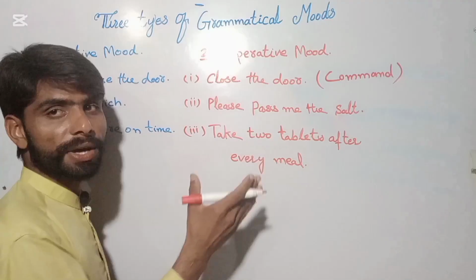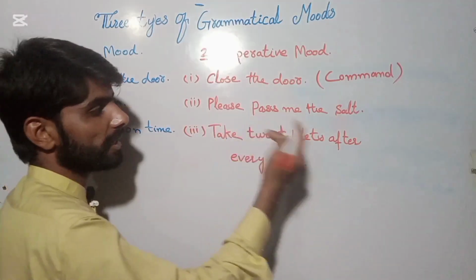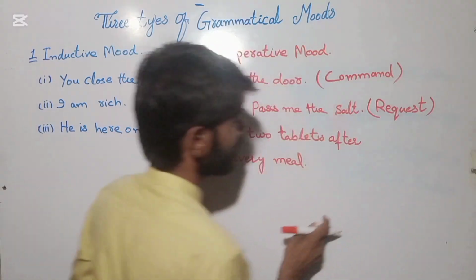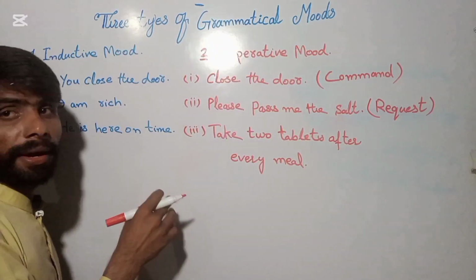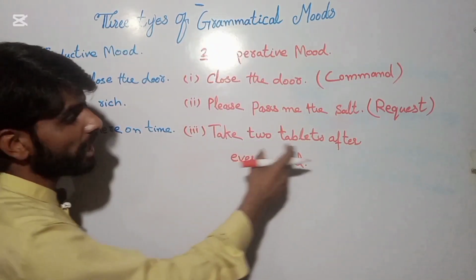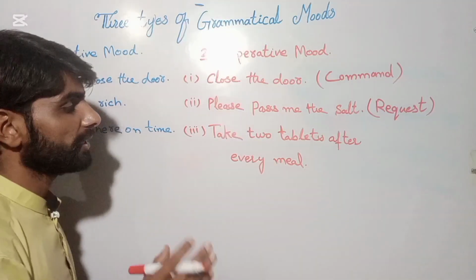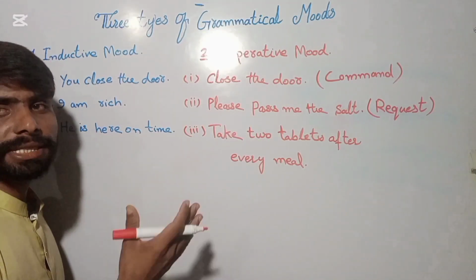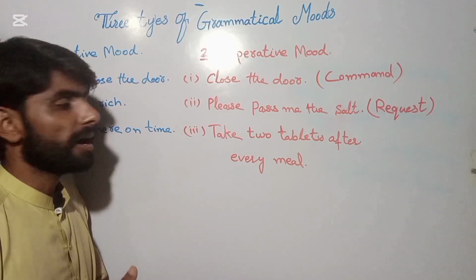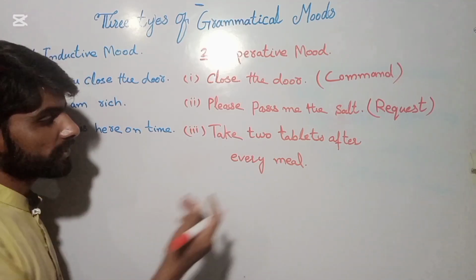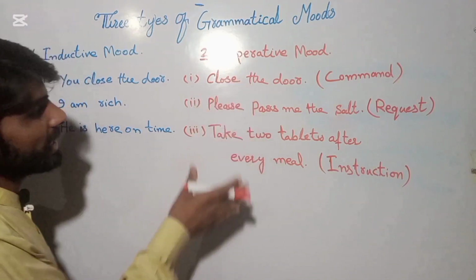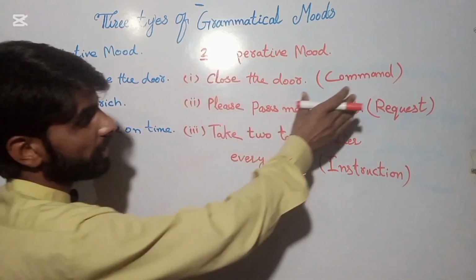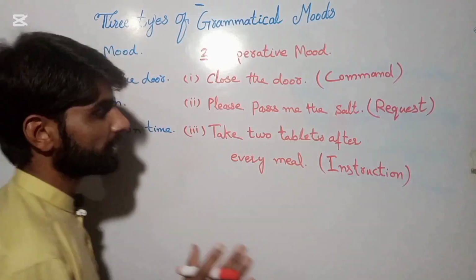We are requesting someone: please pass me the salt. And next is take 2 tablets after every meal, right? So this is an instruction or suggestion. We are saying to someone, take tablets after every meal, right? So these types of sentences are used in the imperative mode: command, request, instructions, right?